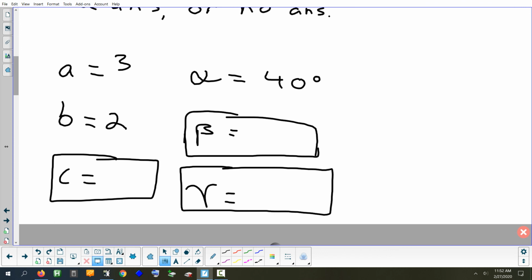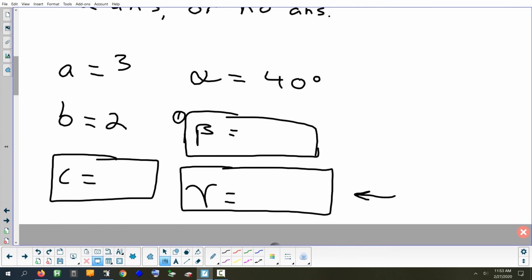Now, this problem also has a very specific order you have to find things in first. You have to find beta first. C and gamma, right now, are useless. You can't use this row to do anything because you're missing everything in the row. If you have a row that's totally empty, it doesn't offer you any help at all.